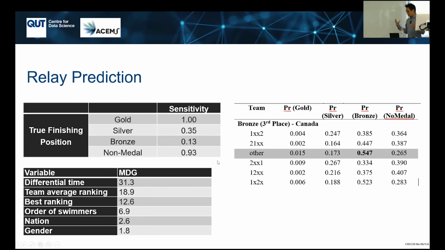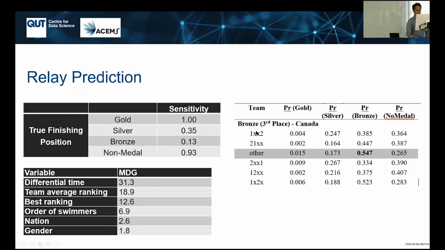And so how might this be used? For example, this was used in the 2019 World Championships for Canada, who actually came in third place. And on the top, we've got the probability of gold, silver, bronze, or no medal. On the left, we've got different ordering strategies.